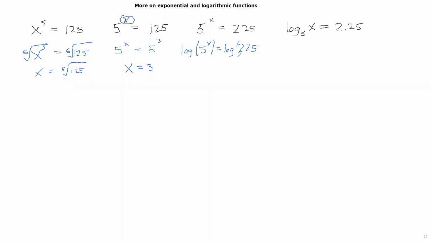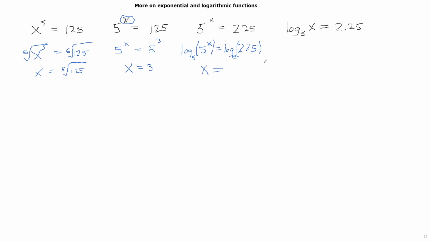And when we do that, we have to remember that we need to use the specific logarithm that is for this base. The base of our exponent is 5 to the x, so we're going to need to use log base 5. And when we do that, the left side, log base 5 of 5 to the x, the log and the exponential cancel, and we're just left with x.